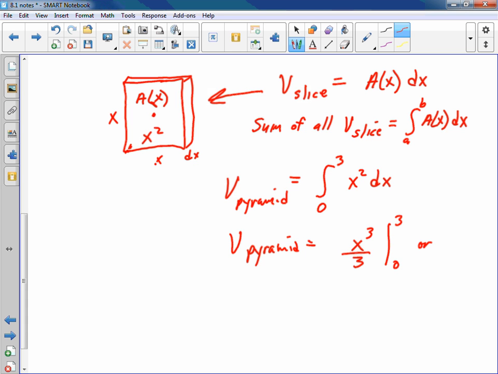Or a lot of people say 1/3 x cubed. Same difference. Some people just feel better and warmer and fuzzier. Doesn't matter. Evaluated from 0 to 3. No need for plus C, Derek, because it's definite. Okay. Now, so then we get our volume equals what?